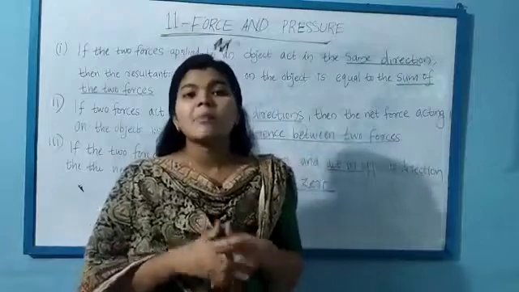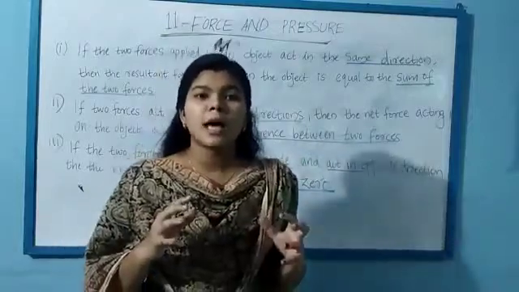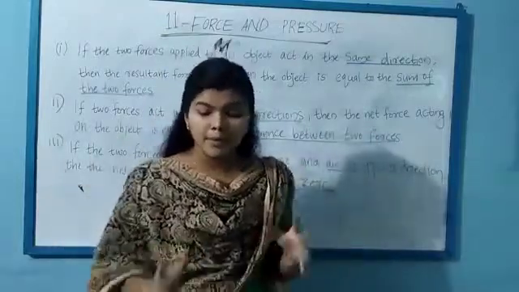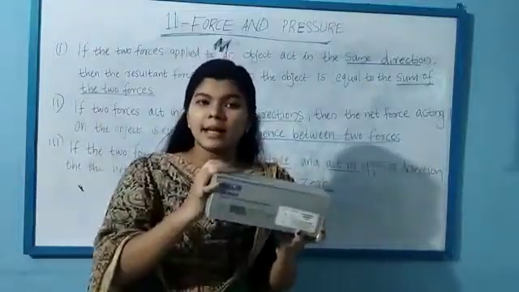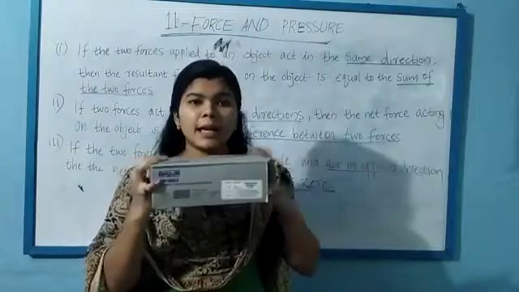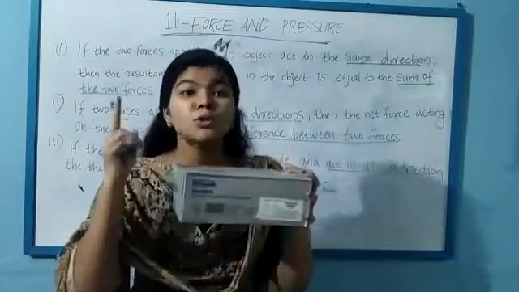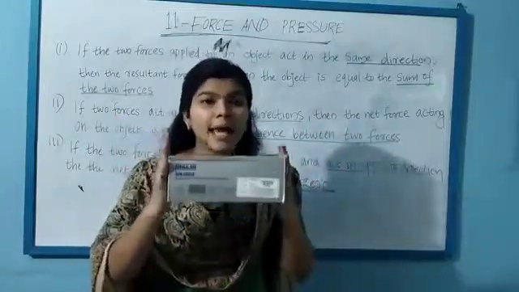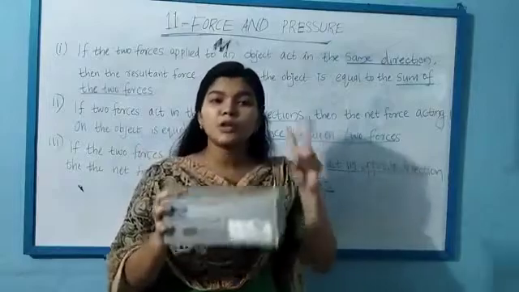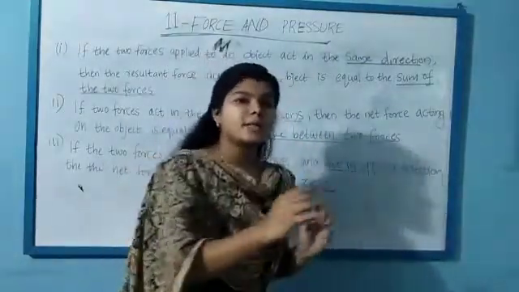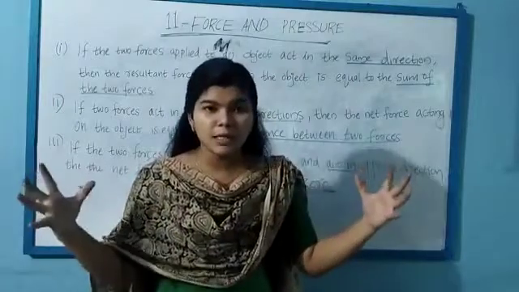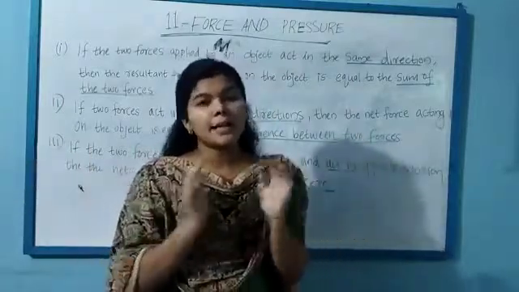And the next one, imagine that two forces are applied on a body. Suppose this is the body and you are applying a force in this direction and you are applying a force here. That is applying two forces on the same body. Then there are two cases. First one, applying forces in the same direction, and second one, applying forces in the opposite direction.